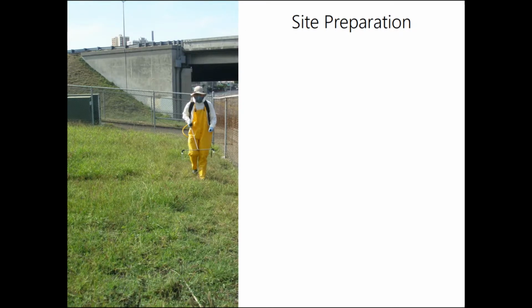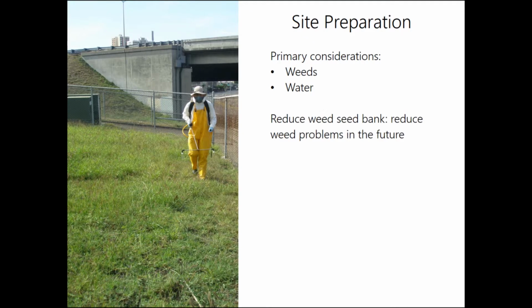Once you have a collection of seeds for increase, the next thing to do is to prep the site. The primary consideration is to look at weeds that are present in the site and also water, because without water you won't be killing the weeds, and you won't be producing as much seed. You want to reduce the weed seed bank first, because in the future you'll have weed problems if you don't solve that.